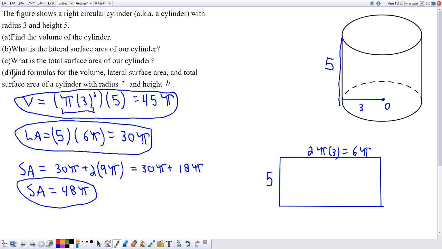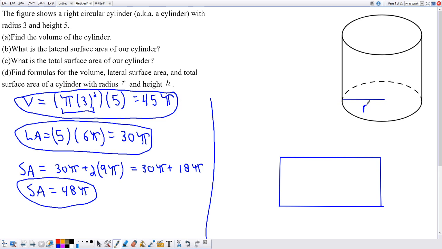Now, part D is asking us to find general formulas for the volume, lateral surface area, and total surface area of a cylinder with a radius and height of r and h respectively. So, let's get rid of some of this, but we can keep the same diagrams because they provide us with good logic.